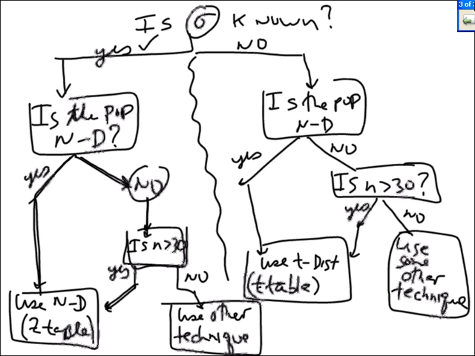If you do not know sigma, then you use the t-distribution. You need to know that. You need to know the formula associated with them. Okay, good luck with this.